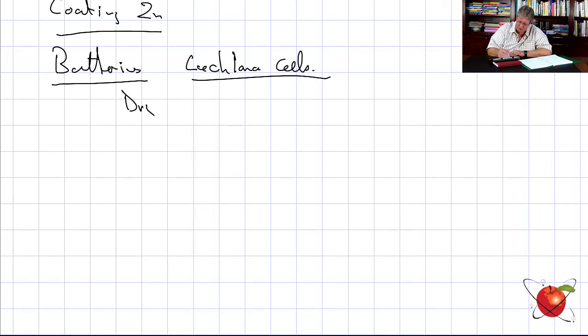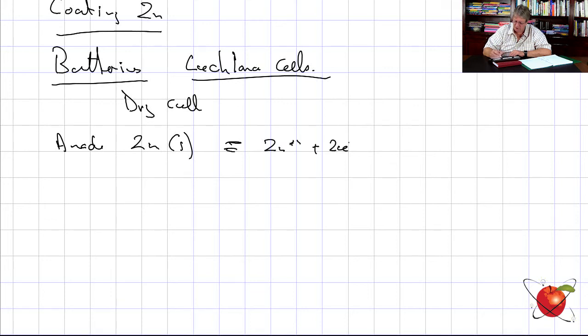This is called a dry cell because we use paste. At the anode, we have zinc. So what are we saying? Zinc is going to do this, and we've got Zn plus 2 electrons. So the zinc is actually dissolving, isn't it?